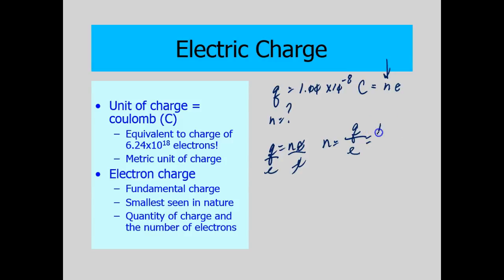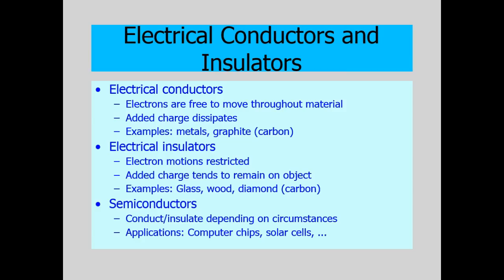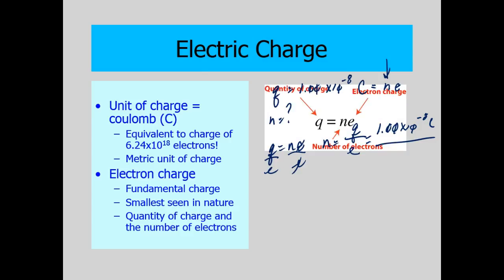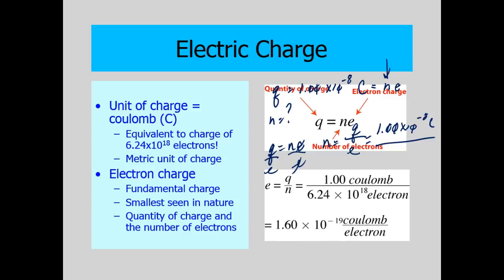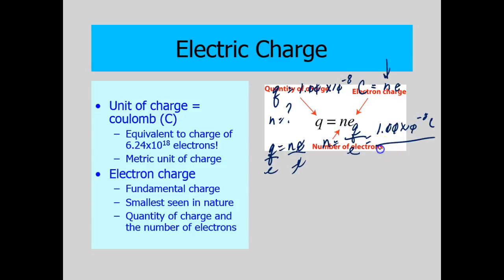Well, you have 1.00 times 10 to the minus 8 coulombs, and E, as we saw from here, that E is 1.60 times 10 to the minus 19 coulombs per electron. Now when I write the symbol for electron, I usually put E with a minus by it.